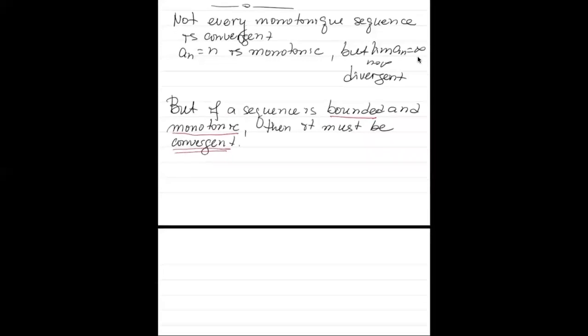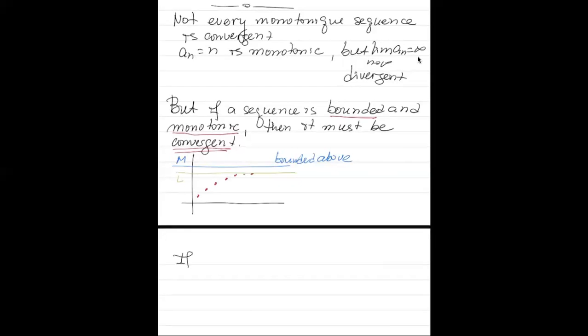So to illustrate this with a picture, it will look like this. The sequence is bounded. Here's M, bounded above. And our elements are monotonic. So they're increasing. So there must be some number L here that our sequence approaches.